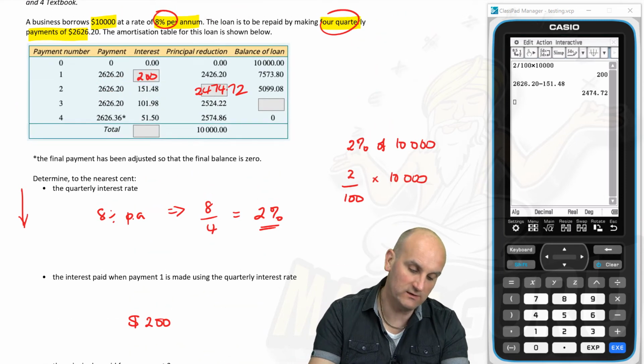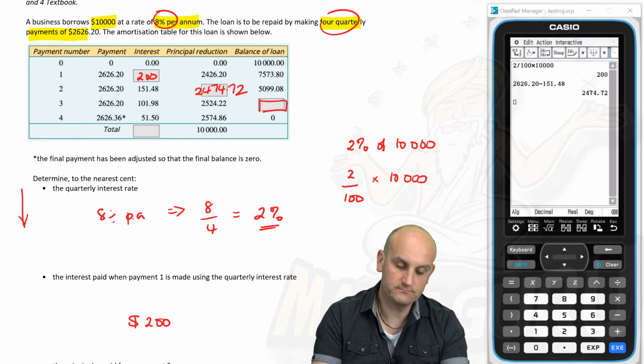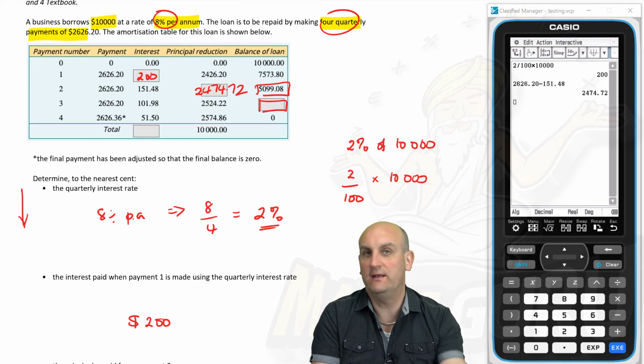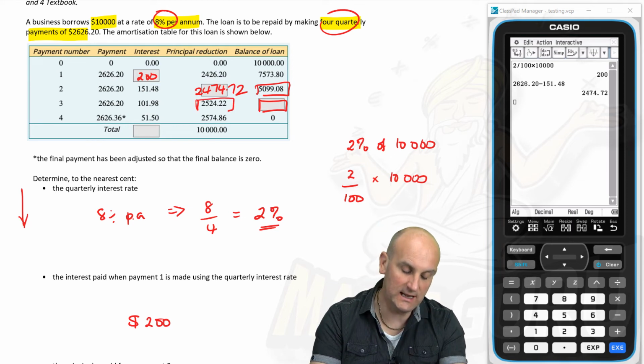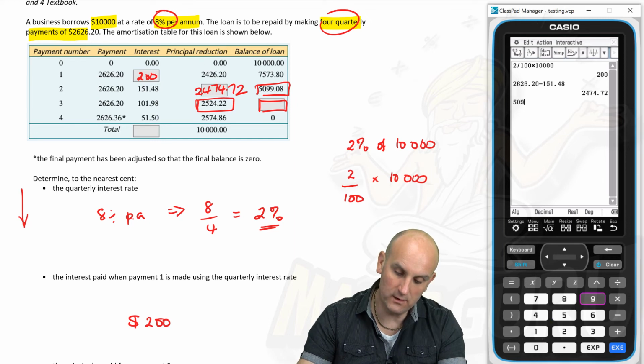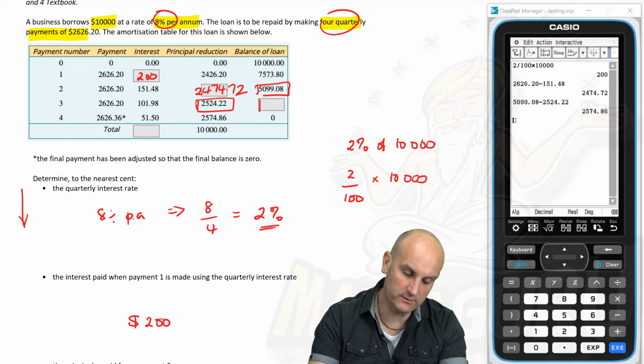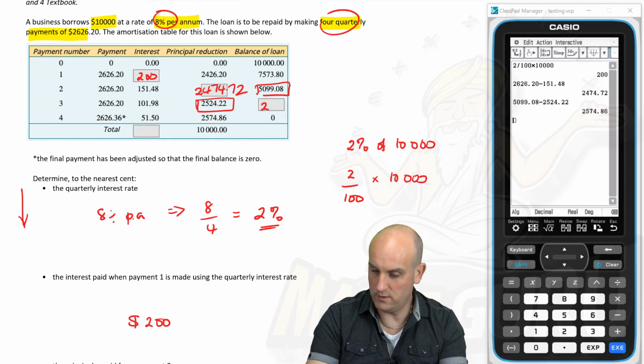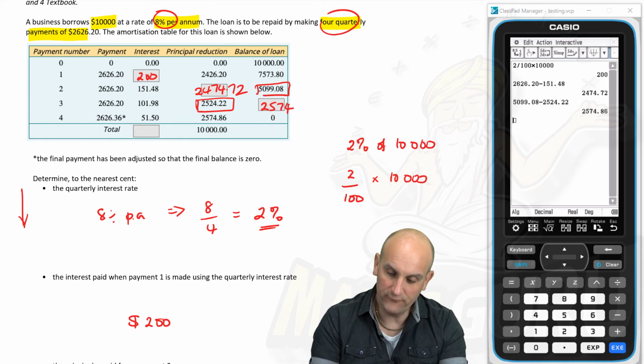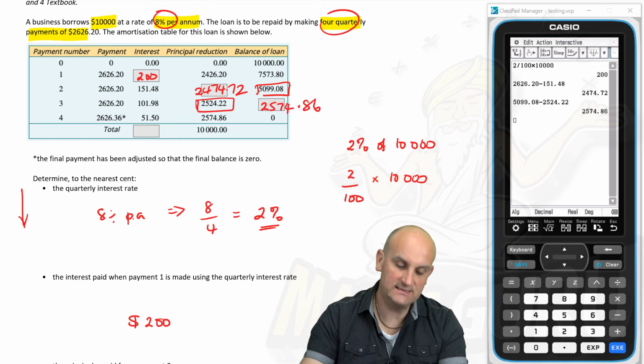So just getting rid of that working out here. We now know that this box here is the balance of the loan at the end of the previous payment subtracted our principal reduction. So we're going to do 5099.08, and we're going to subtract from that 2524.22. And that is going to give me 2574.86.